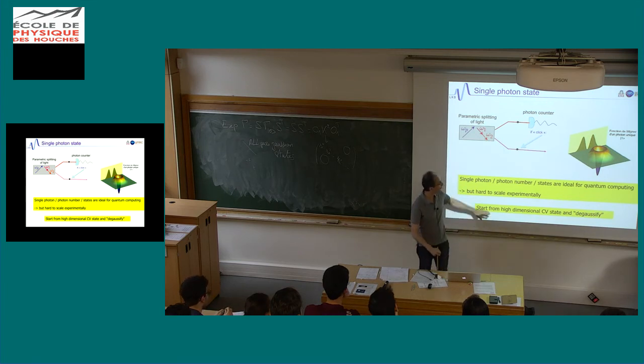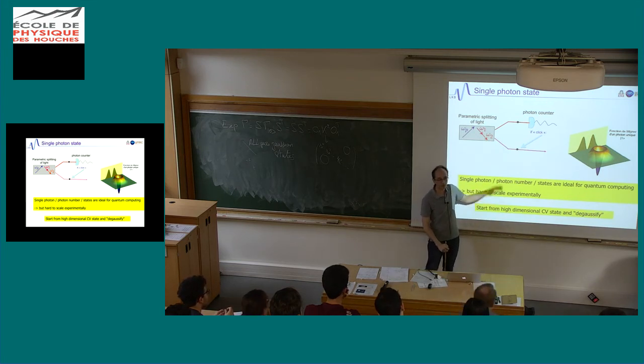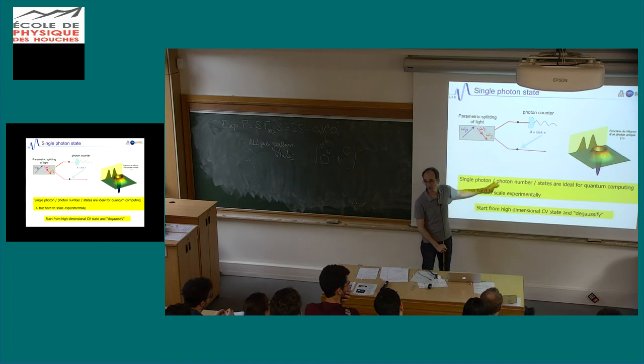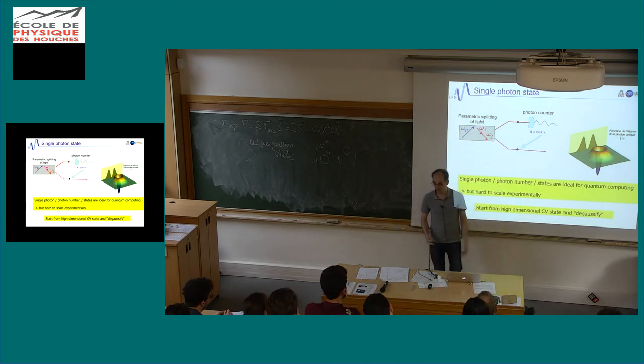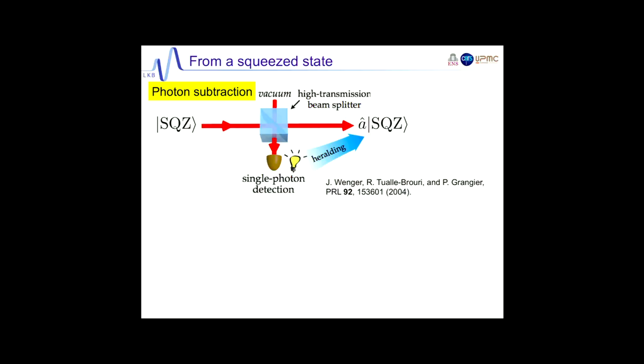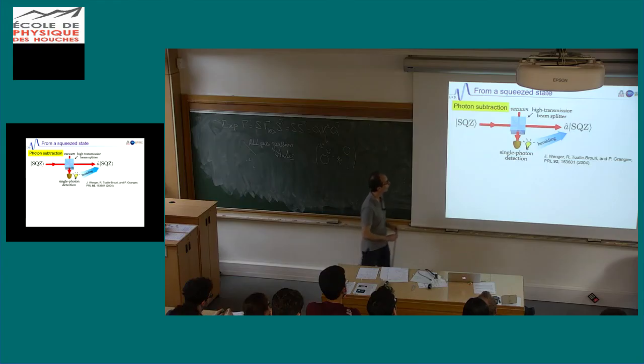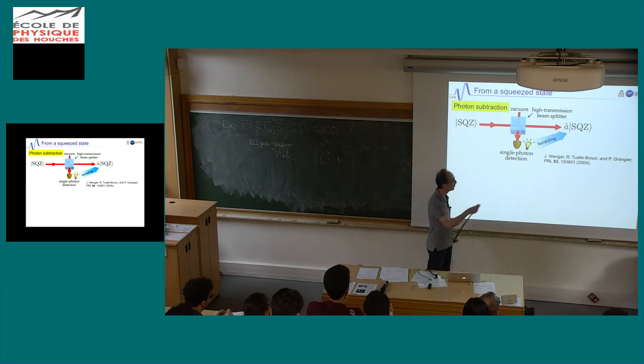So you can try to combine these two things. This is one way, and the way we take ourselves is trying to de-Gaussify our Gaussian states. This has been done a while ago, and as far as I know, the first group which has done that is the group of Philippe Grangier.